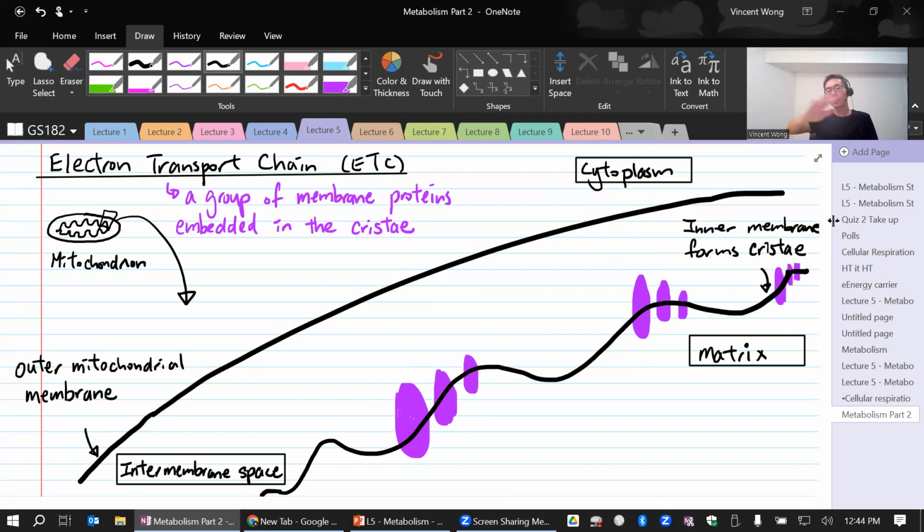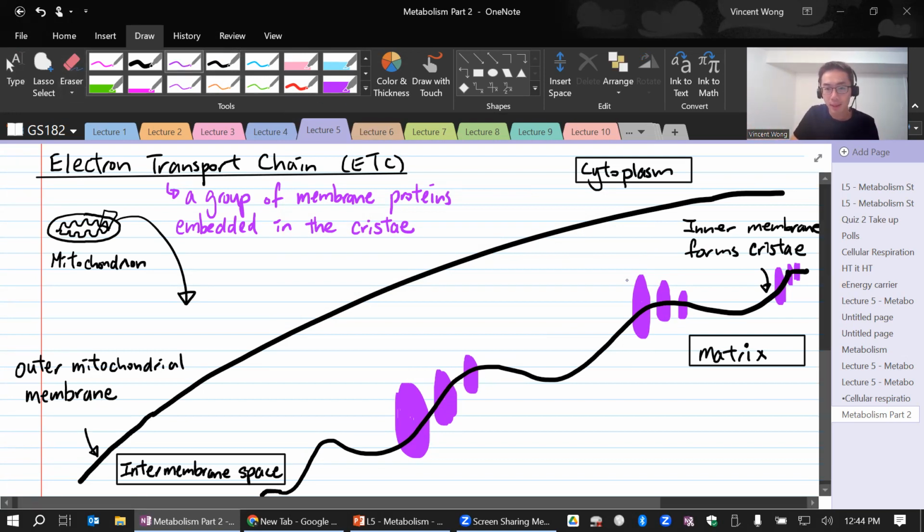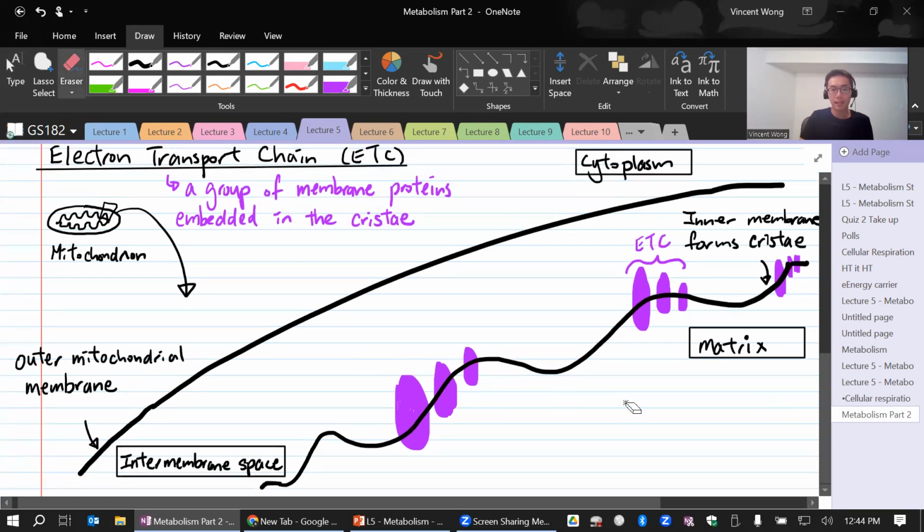So the entire inner membrane is just full of these clusters, groups of ETC. So that's why you want to fold it up into the cristae. You want to increase the amount of surface area available to put these ETC on, right? Okay, so that's an electron transport chain. That's another one, that's another one.